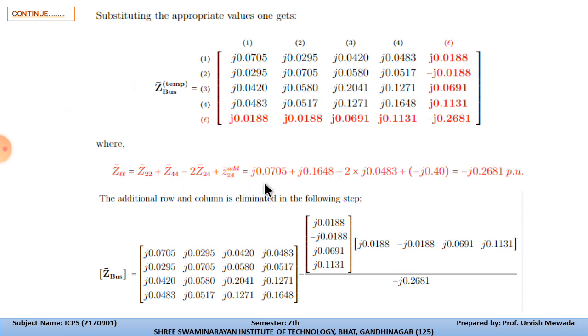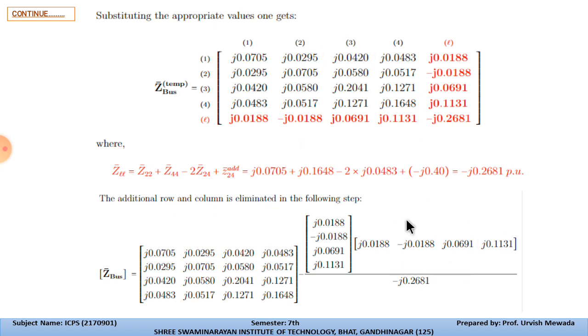By placing all the values, we will get the value of ZLL, so it is minus j0.2681 pu. So the additional row and column is eliminated by ZBus old minus ZBus new.